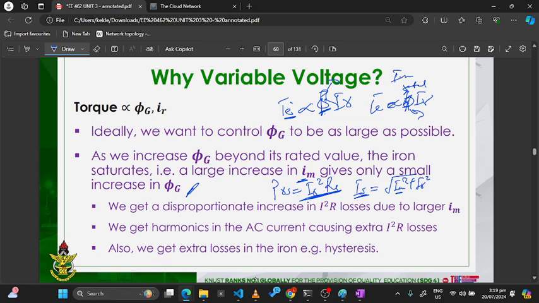Is that okay? Because if you get harmonics, maybe a second harmonic, a third harmonic, that means the frequency of the harmonic will be a certain multiple of the fundamental. So if it's the second harmonic, then the frequency will be 100 hertz for a 50 hertz fundamental.